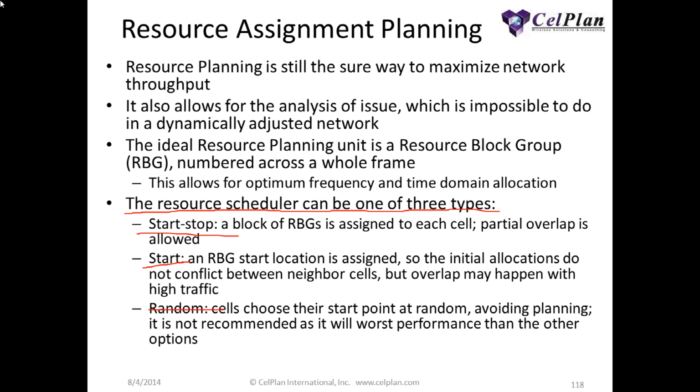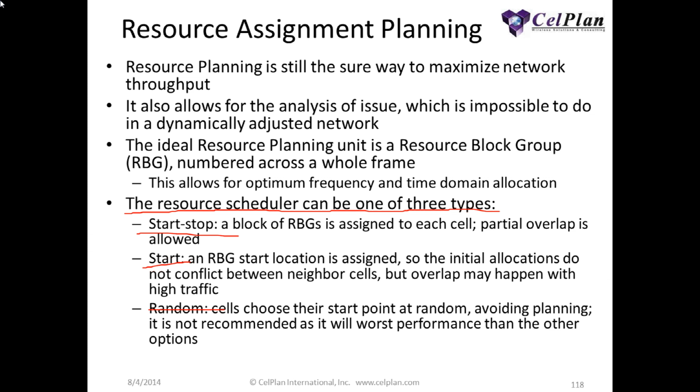The start solution is very interesting because it doesn't have a stop. So if you give starts using, suppose, a reuse of 3, it will reuse the 3, but then when the traffic is overwhelming, is reaching the capacity, it will start having areas where the reuse of 1 is being used.